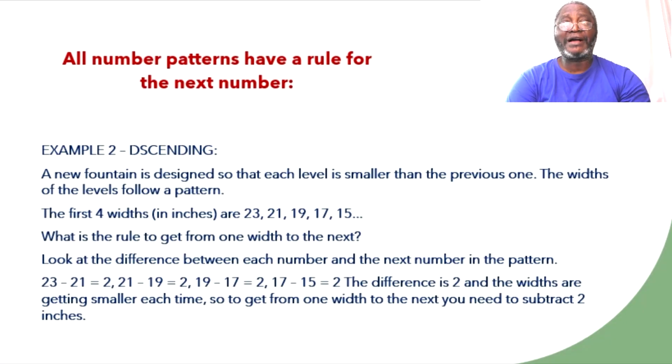Yeah, subtract 2. So from 15, what will be the next number? Subtract 2, and then you'll have 13. Subtract 2, and I think you'll have 11. So the difference is 2, and the widths are getting smaller each time. So to get from one width to the next, you need to subtract 2 inches.